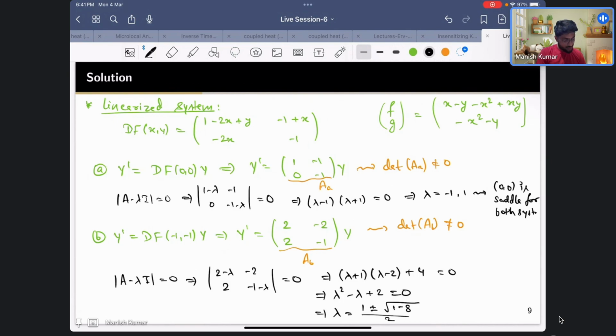So over here also you see this is the complex part. The real part over here is non-zero, right? So again here also, 0 0 is a spiral for the linear system.